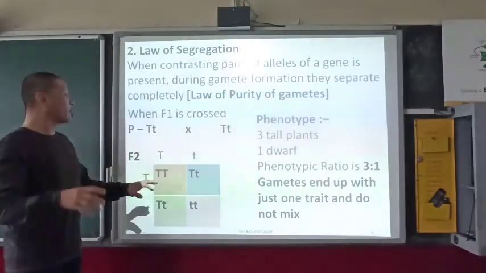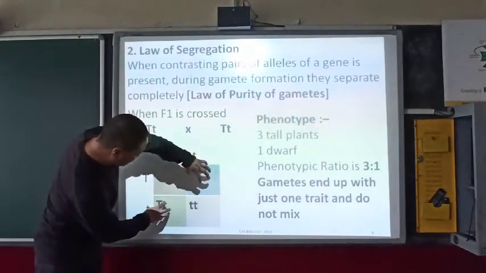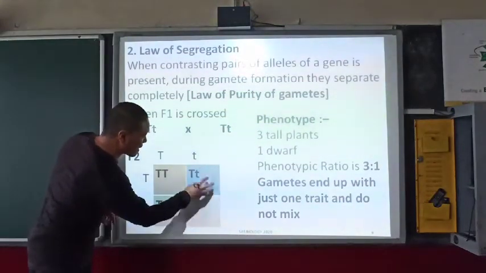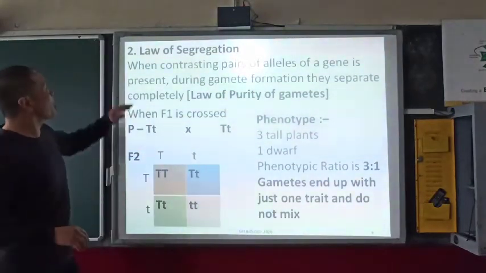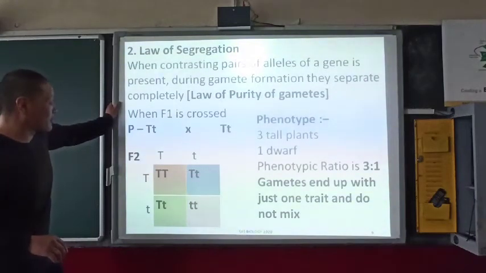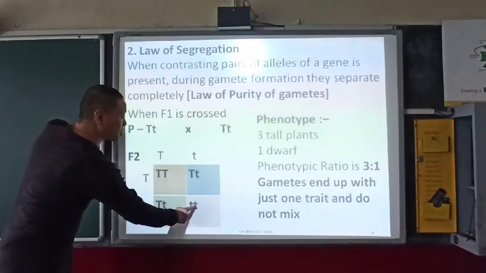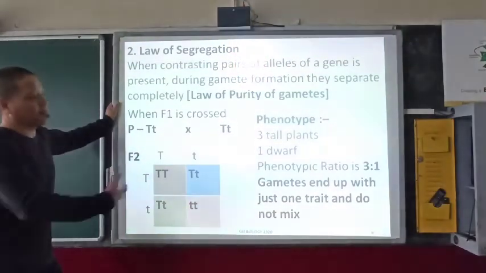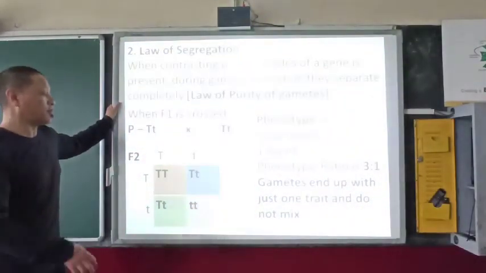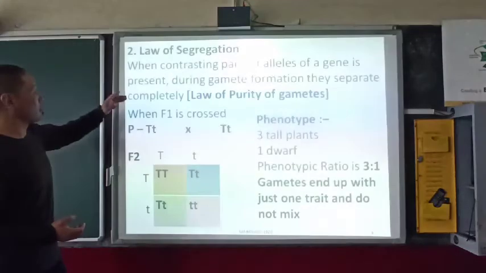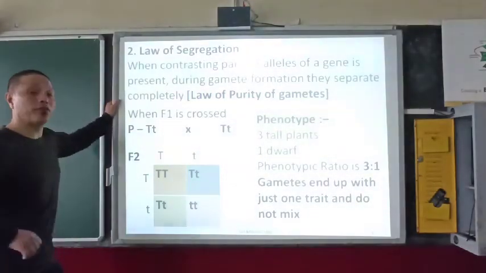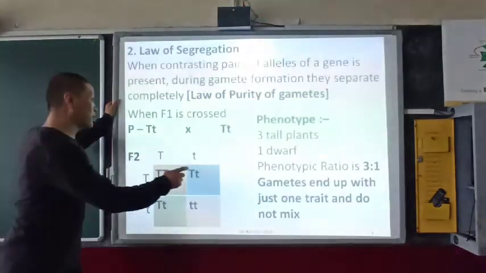And then we ended up in F1 getting all these heterozygous tall. Now the law of segregation is proven by the fact that this trait has again reappeared in this F2 generation.